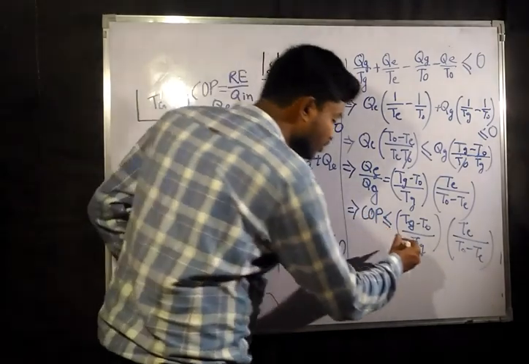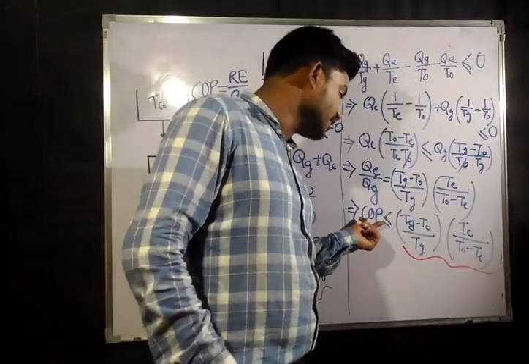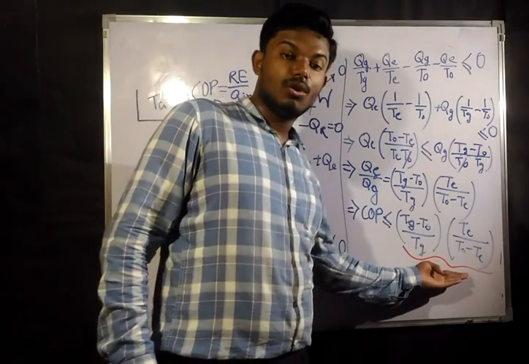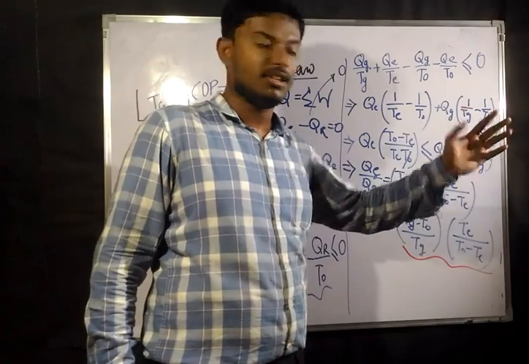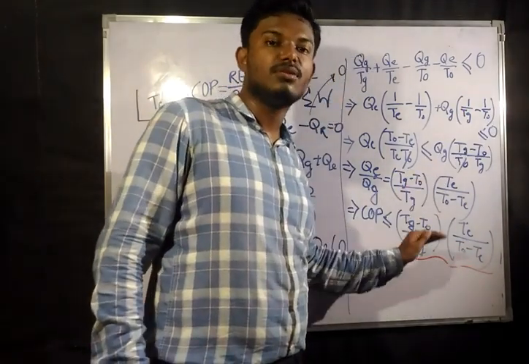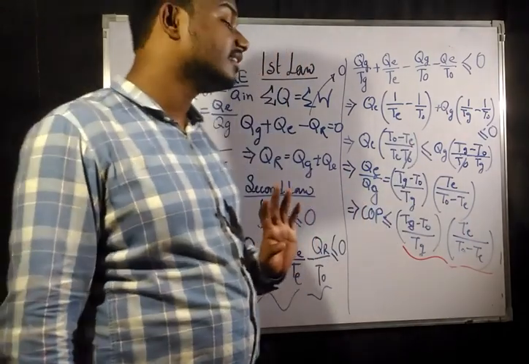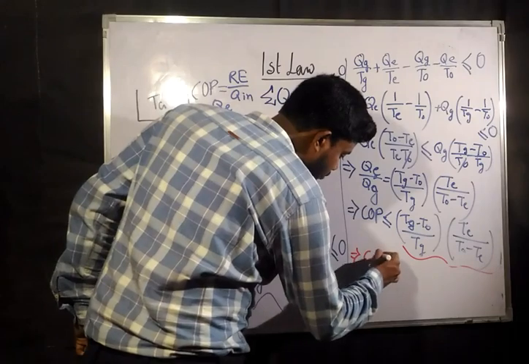That means the COP can be less than this, or it may be equal to this, but it can never go beyond this. So from here we can write what is going to be your maximum COP.